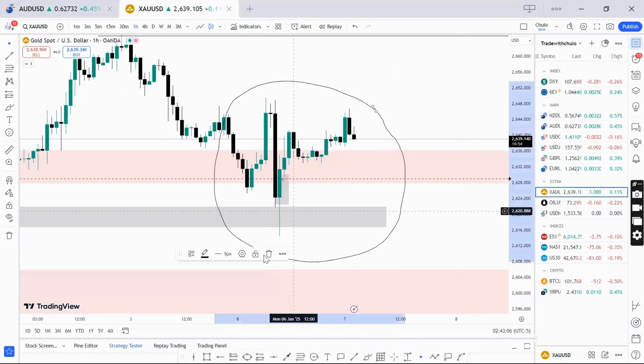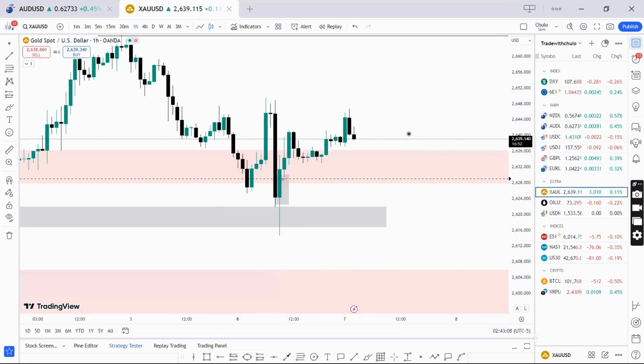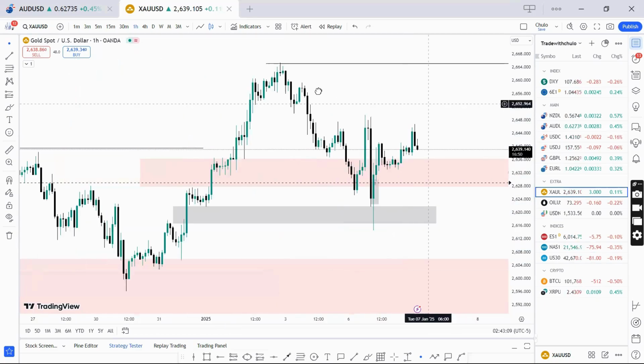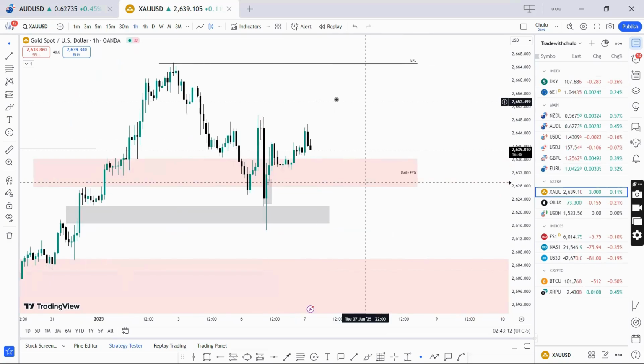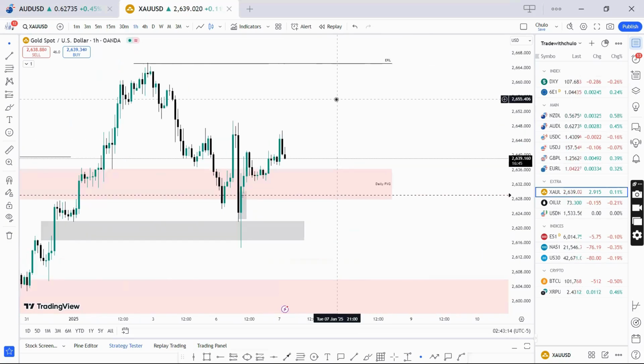So we just have to wait patiently for price to come to our point of interest before we attack. We just have to be a sniper. Snipers don't shoot randomly. They wait patiently and aim at their target, and whenever their target comes to where they want to take the shot, they execute. That's the same thing we are doing here.